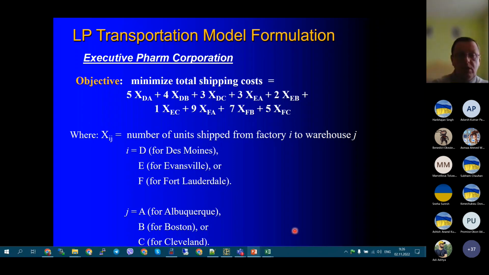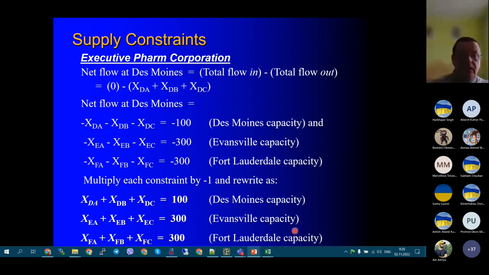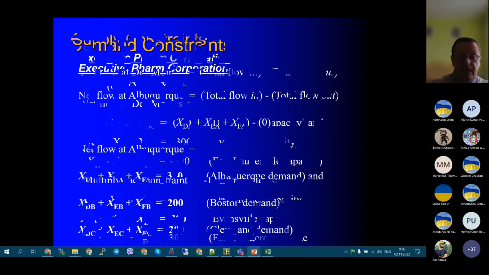So we have to minimize this equation, finding specific x of i,j which will give us the minimum shipping cost. And here is the list of limitations or constraints, depicted by resources and requests.